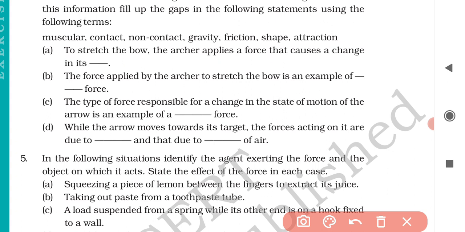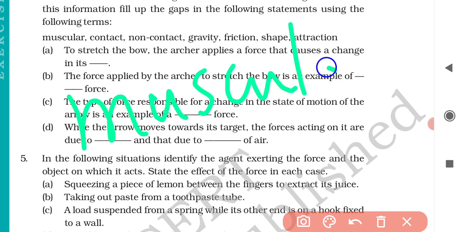Next, B: the force applied by the archer to stretch the bow is an example of dash force. So when we stretch the bow, what force do you have to apply? You have to apply muscular force. So you have to write muscular in the gap of the second sentence. The force applied by the archer to stretch the bow is an example of muscular force.